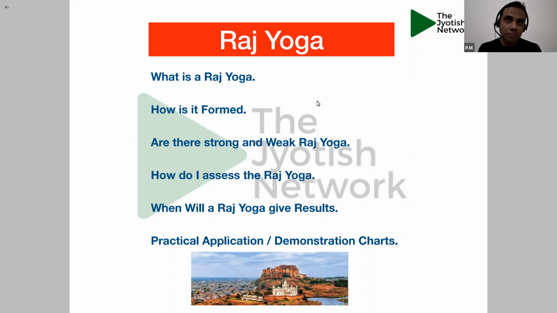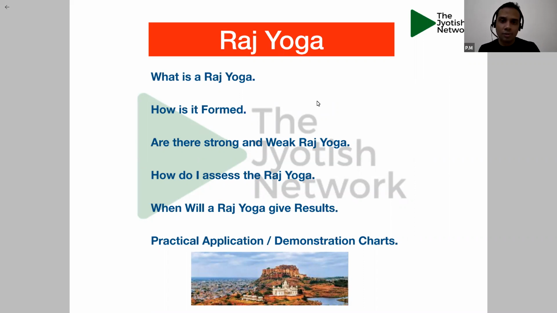Now, just to answer Sandeep your question, in a way we are analyzing the charts from multiple points of view, and we are looking for confluence. So if there is a certain indication of success or elevation in recognition that is repeating from either your ascendant, which is the lagna, or the two luminaries, which is the moon or the sun, and in Jyotish language we call it the Chandra lagna or the Surya lagna, then the probability of the Raj Yogas getting activated increases significantly.